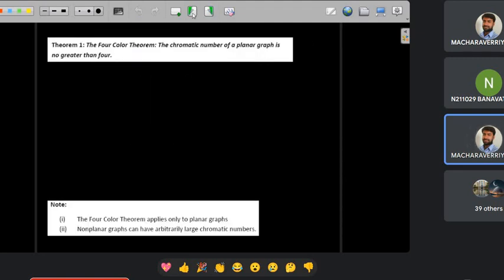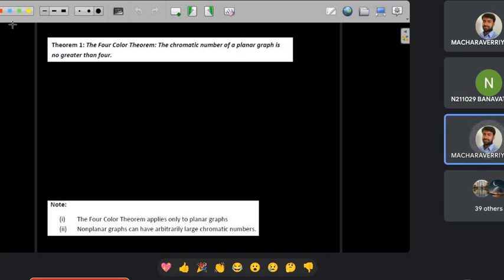So now, if you take a planar graph, how many colors do we require to color the graph? That question is answered by the 4 color theorem. The chromatic number of a planar graph is no greater than 4.